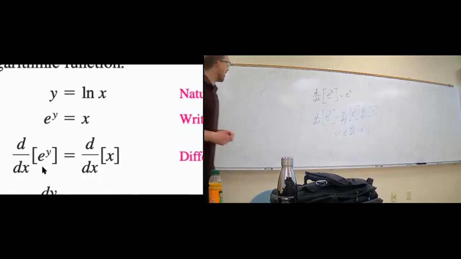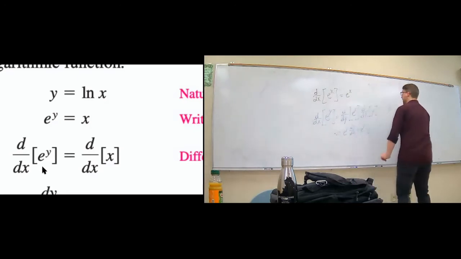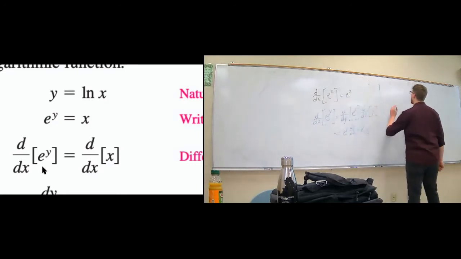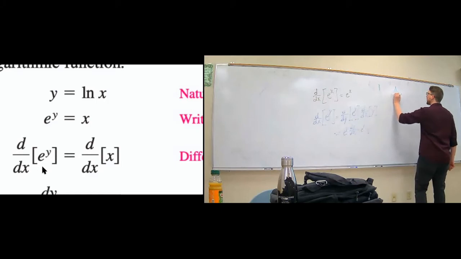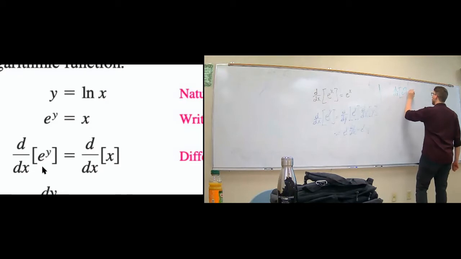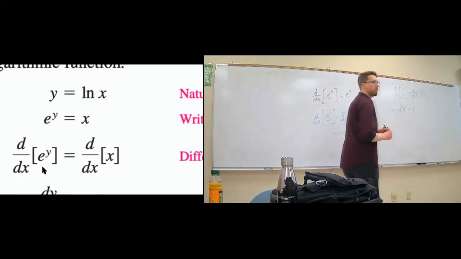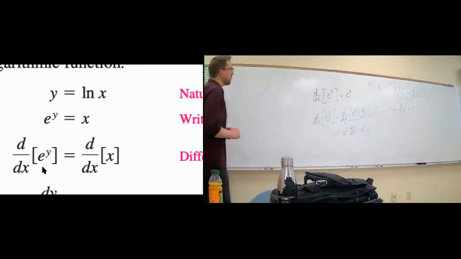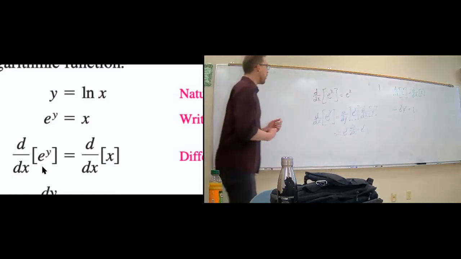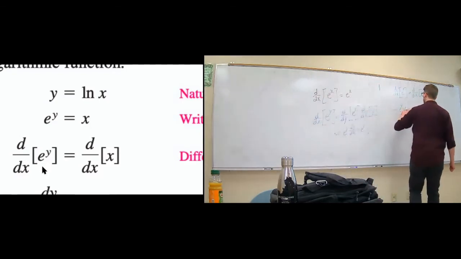So using that then, what we find is that d dx of e to the y equal to d dx of x is equal to e to the y times y prime equal to 1. Yeah? And that is y prime, not y to the first power.